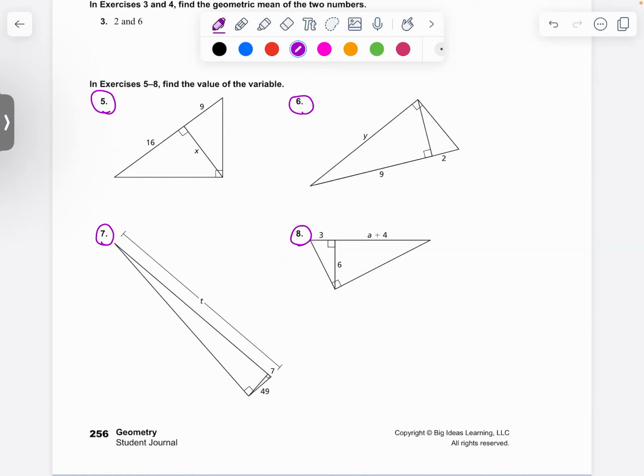Where's the homework? Would that be the mean?